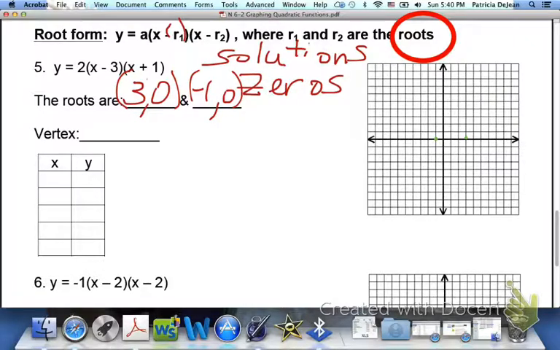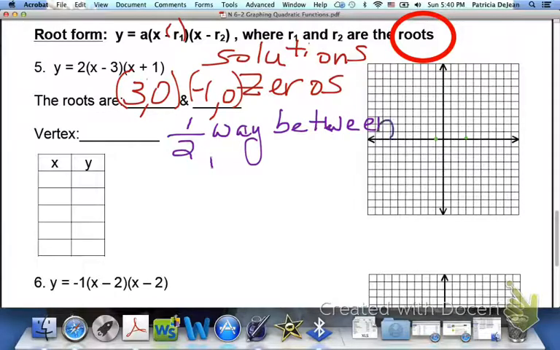Now what you need to know about the vertex, since there's this idea of symmetry, the vertex is halfway between the roots. And that's a very important fact. It's halfway between the roots.